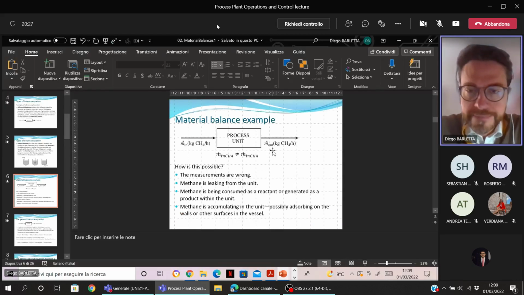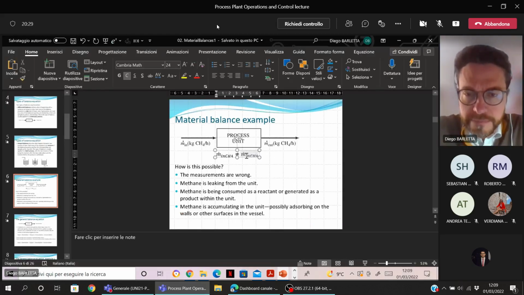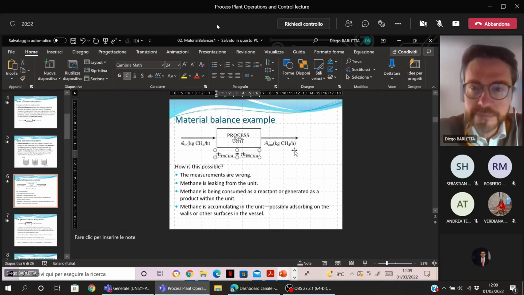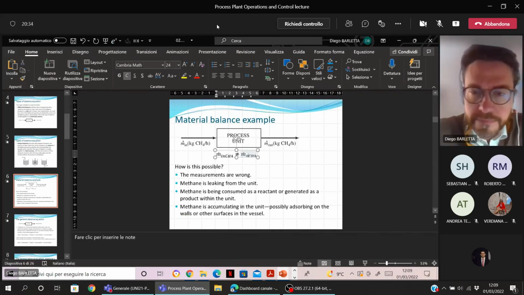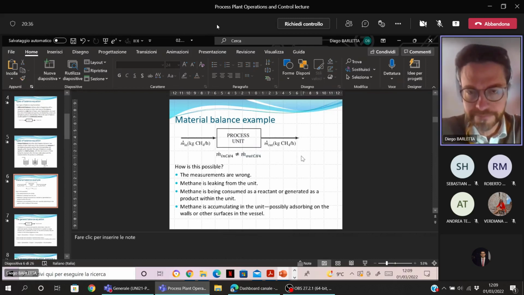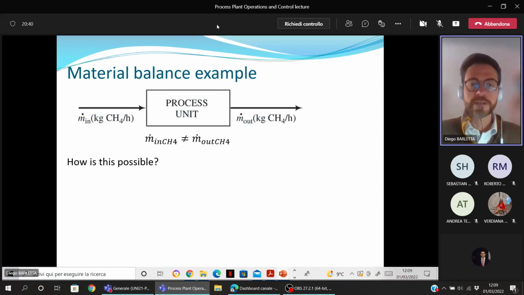Let me correct this. So if we have this case, it seems to violate, not to respect, the conservation law that we declared before.